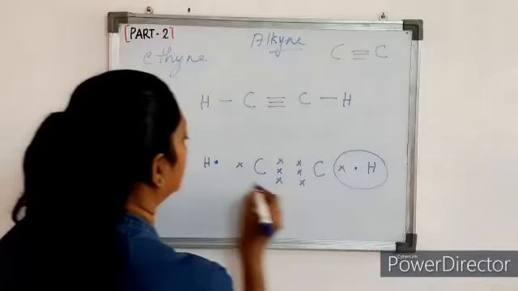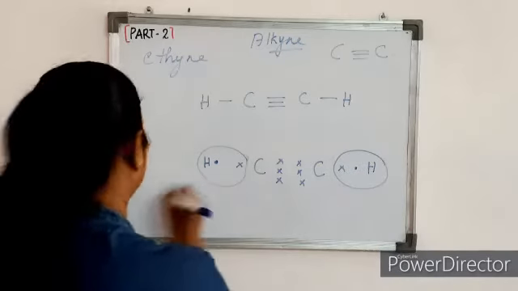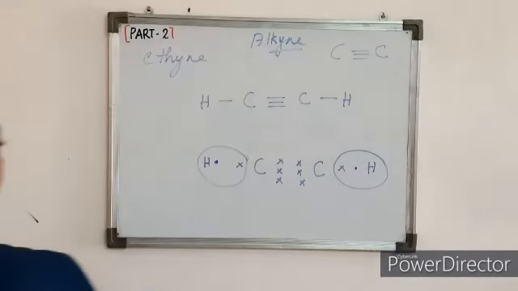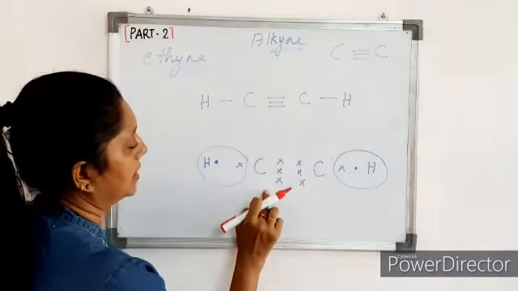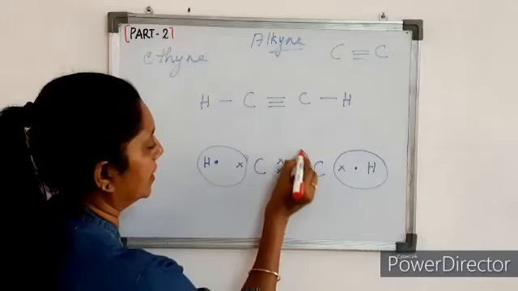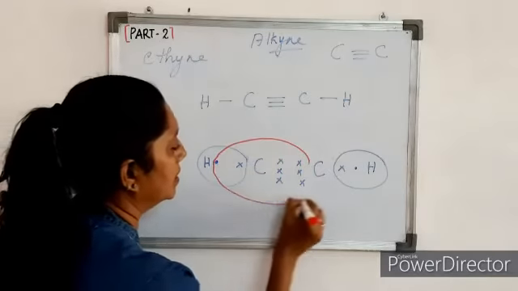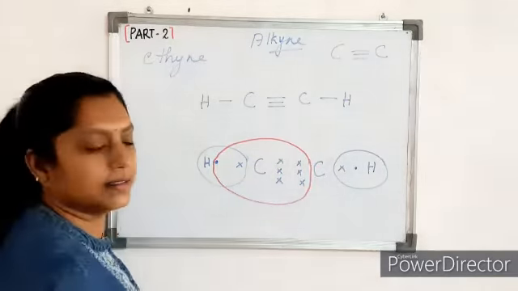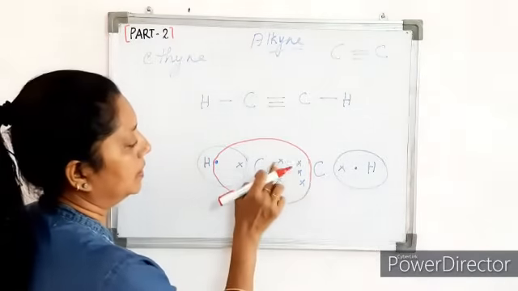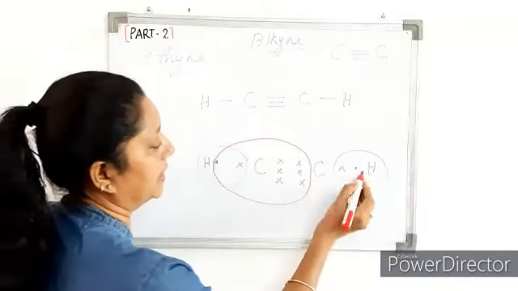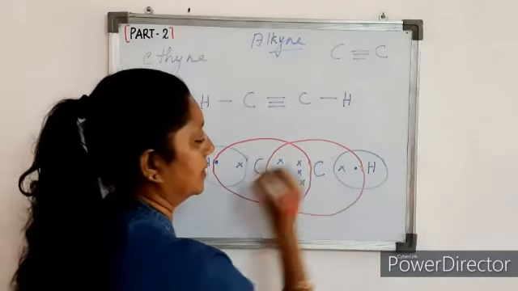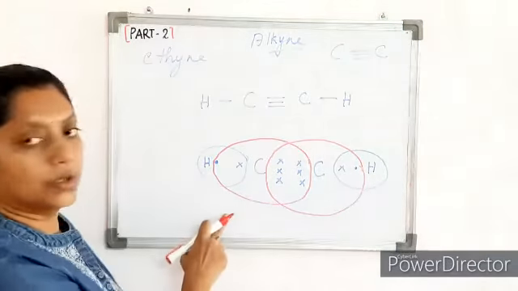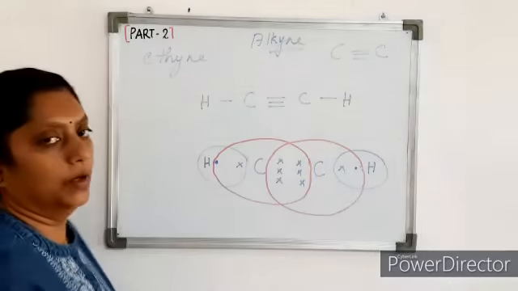Duplet structure for hydrogen atom, and the carbon atom has how many electrons? 5, 6, 7 and 8. Sharing takes place in this way. This hydrogen atom also shares the electrons in this way. This is the electron dot structure for the ethyne molecule.